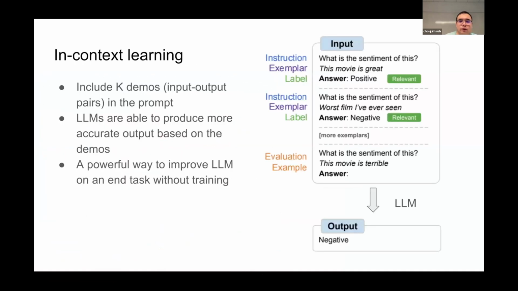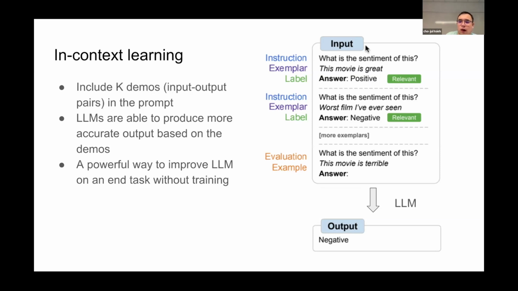In the next few slides, I'm going to talk about different kinds of prompting techniques people usually use. The first technique is in context learning, which I think people started to do with GPT-2, even though GPT-2 is not a very strong model. I think it's maybe just slightly larger than the BERT model, but people started to see some in context learning ability here. In context learning means you give the model k demos, and each demo is an input output pair.